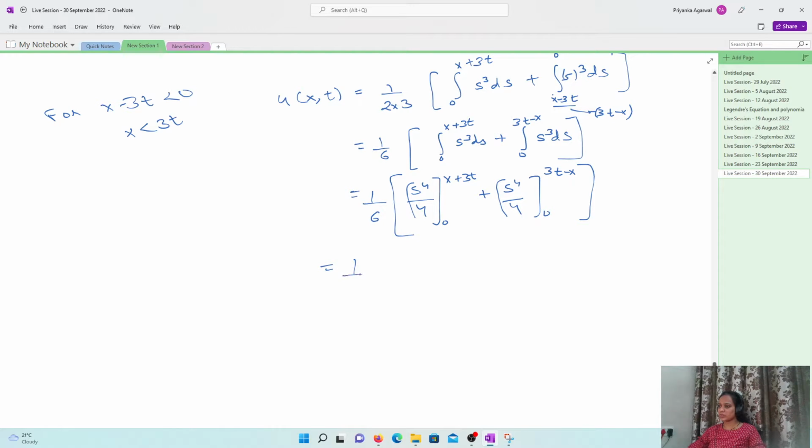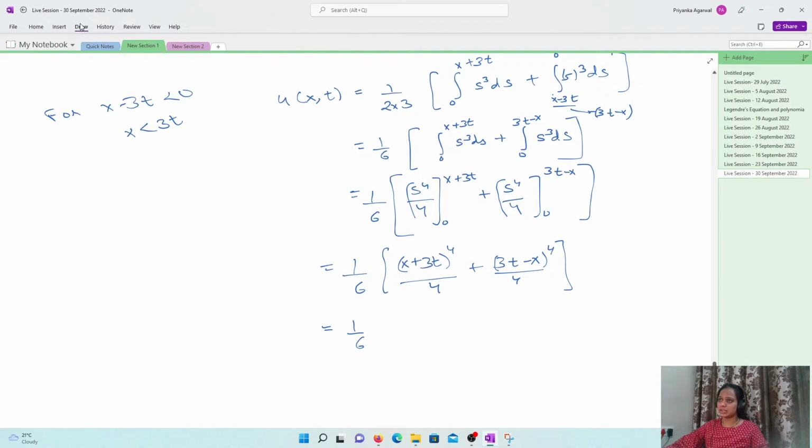Okay, so this becomes 1 by 6 times (x plus 3t) to the power 4 over 4 minus 0 plus (3t minus x) over 4, and this raised to the power 4. So this becomes 1 by 6 into 4.